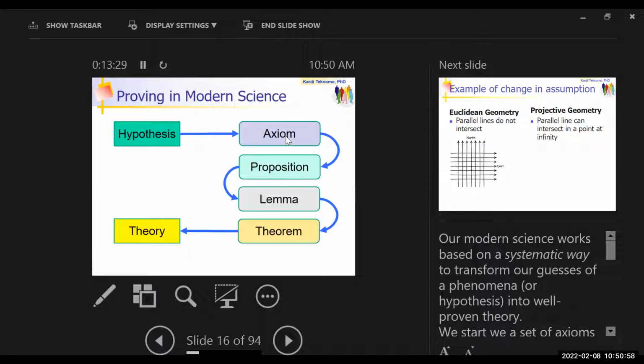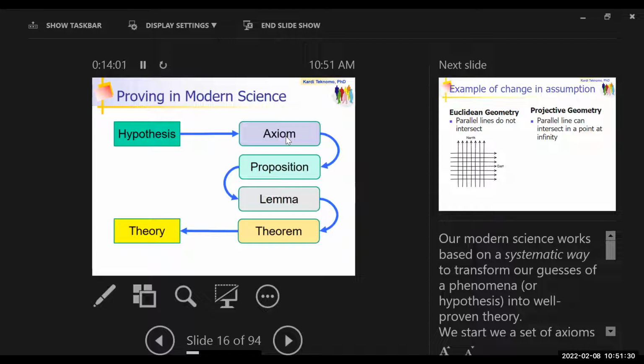How do you create a proposition? A proposition will be made by proving, based on axioms or other propositions. And then from the propositions we create lemmas, which should be proved based on propositions, other lemmas, or axioms. The same thing, from the lemmas we create theorems, which should be proved based on other theorems, lemmas, propositions, or axioms.